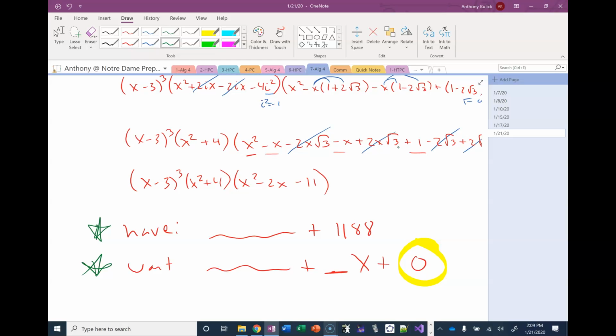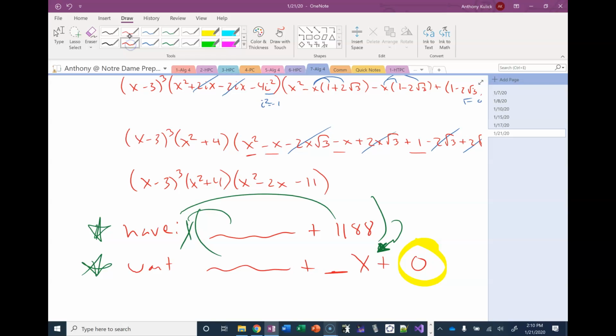Is there something I can multiply this by so that it ends with an x? x, right?